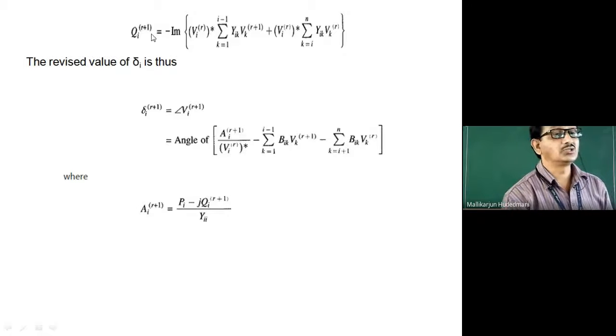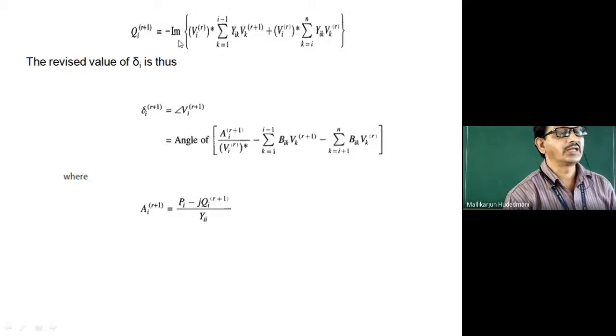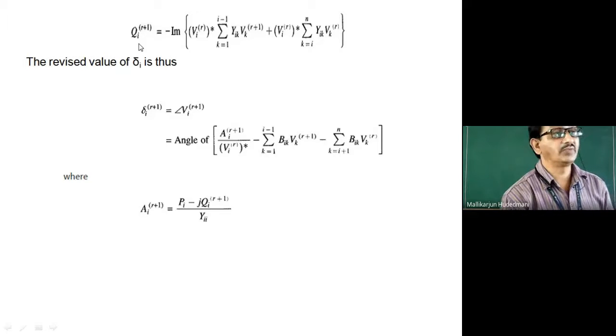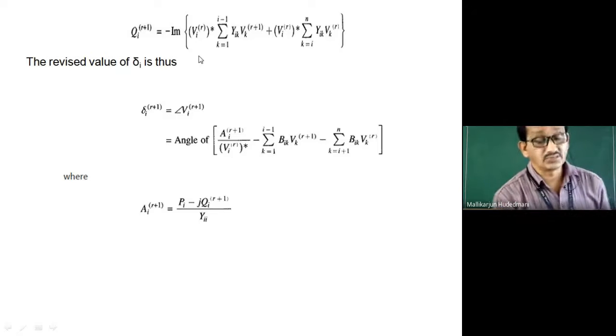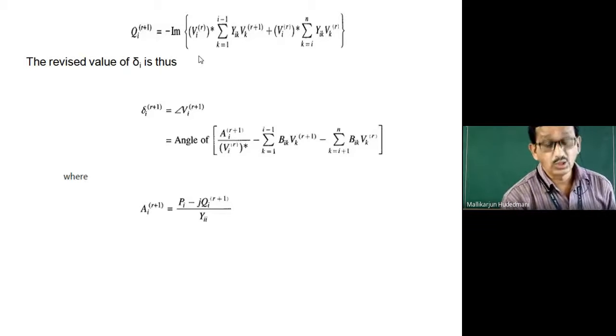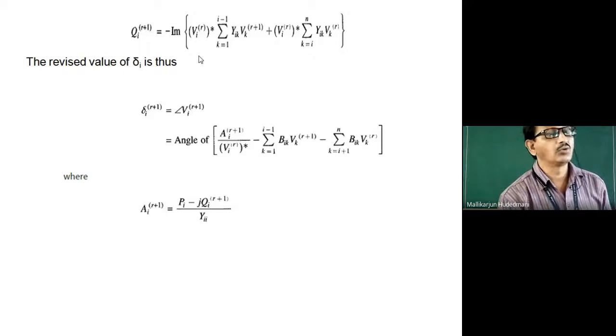In this way, this equation utilizes the power of the Gauss-Seidel approach, wherein the reactive power computation must take place using this equation, and that has to be checked against limits to decide whether that particular bus is going to remain a generator or switch to a load bus. Accordingly, the treatment has to happen.